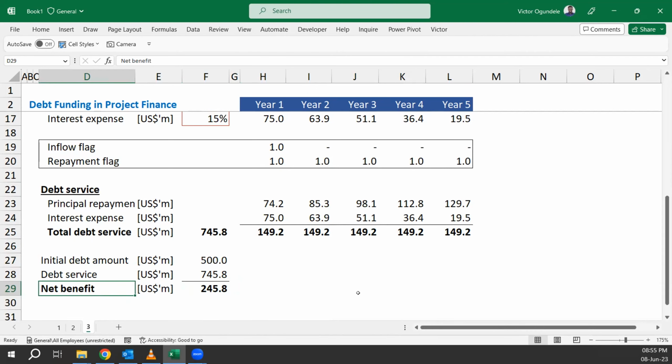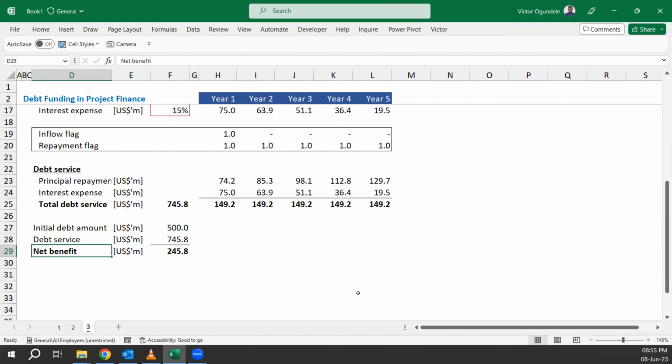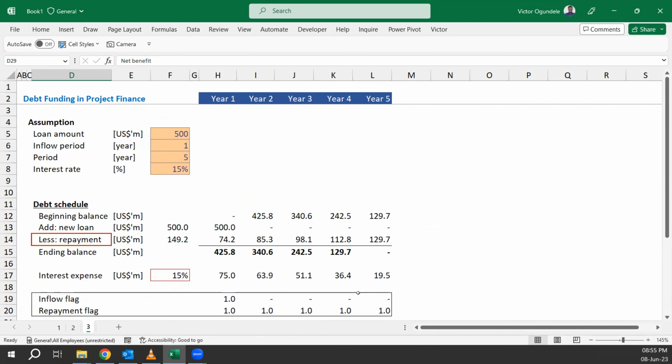Because it's a typical project finance, you kind of gain more, but the risk is also higher. Right? What if the project did not go as planned? What if there's a default? So there are really a lot of things when it comes to debt funding, right? So that's for our case 3, where we've applied our principal repayment.